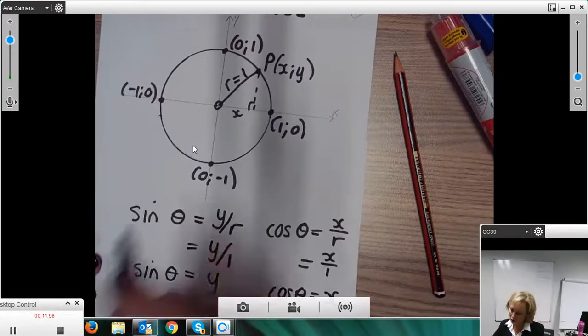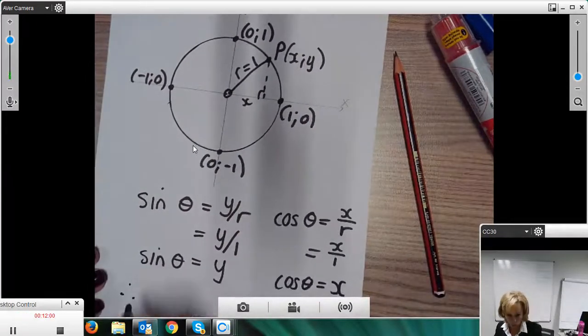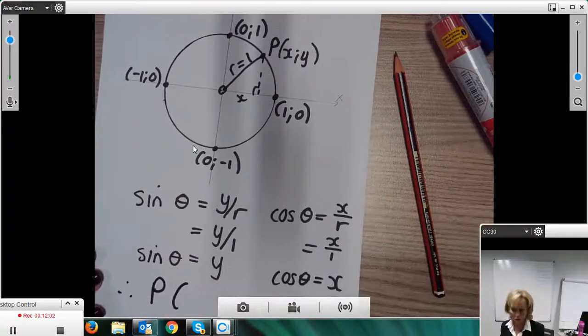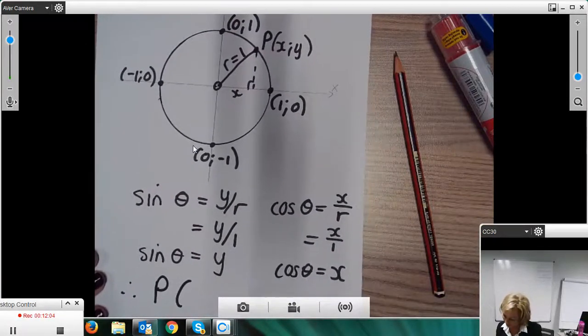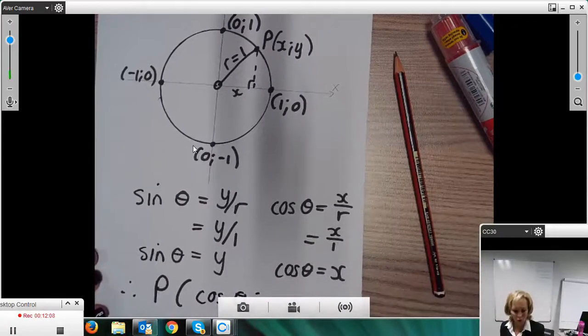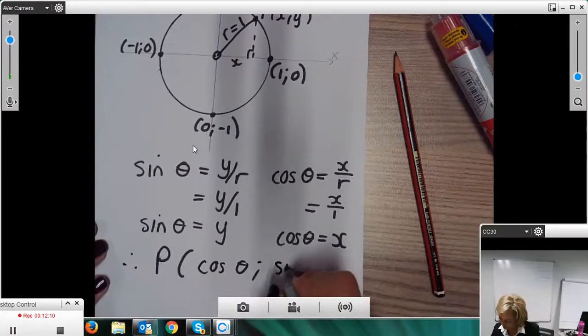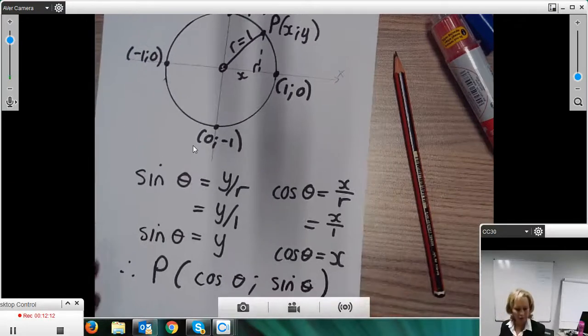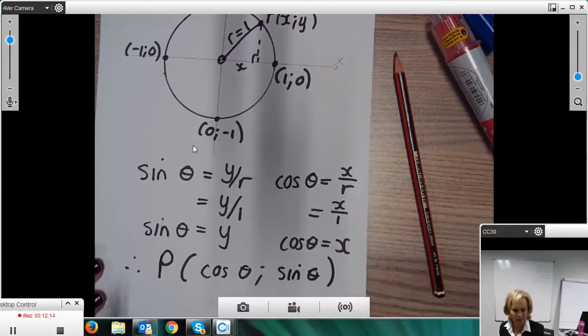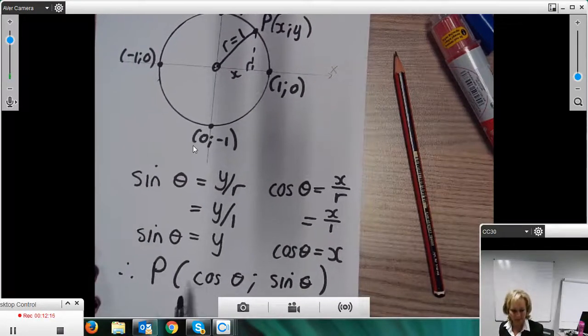So now we know that the coordinates of the terminal point P will be x, which is cos theta, and y, which is sine theta. So that is, in terms of theta, the point P can be labeled as the point whose x coordinate is cos theta and whose y coordinate is sine theta.